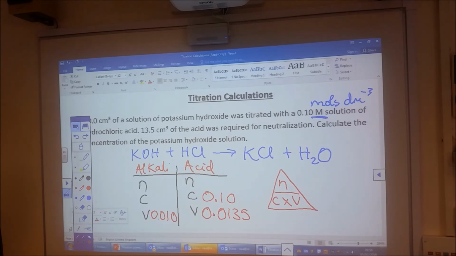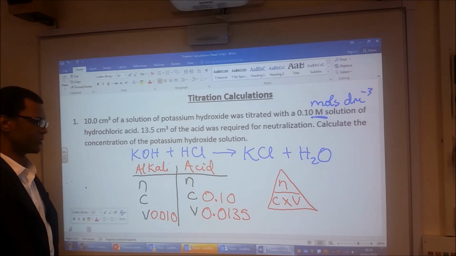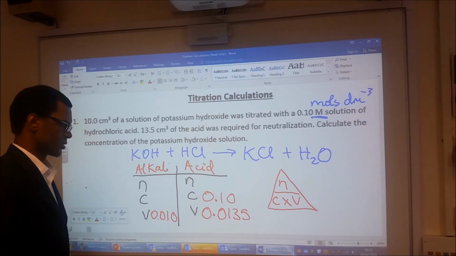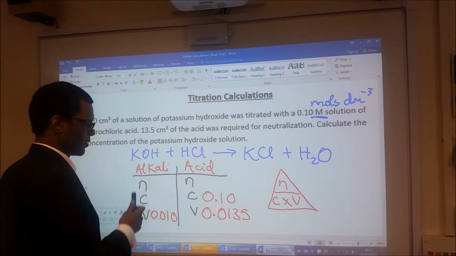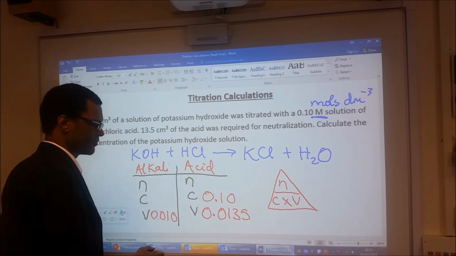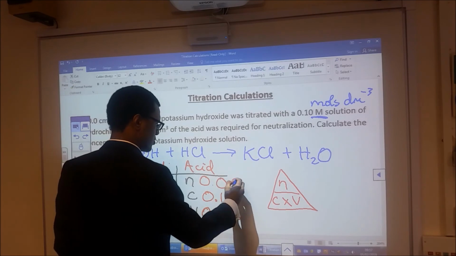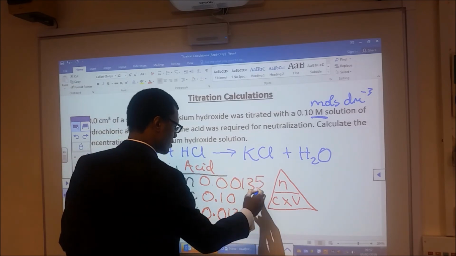Now we can calculate our number of moles of the acid because we don't have anything else. So, calculate the number of moles of acid, so that is 0.10 multiplied by 0.0135 gives us 0.00135.